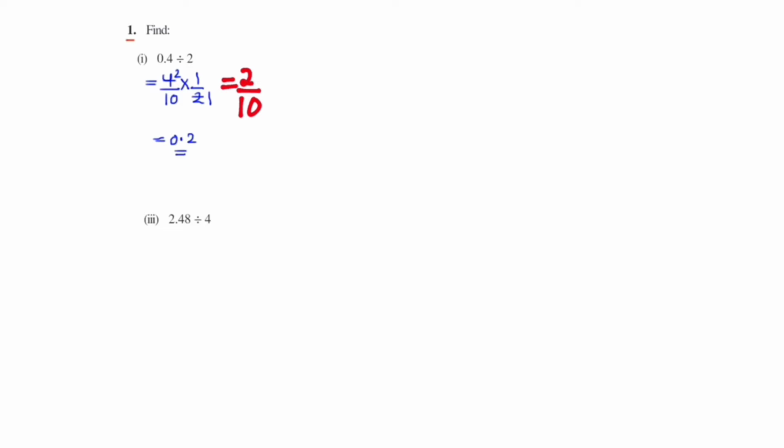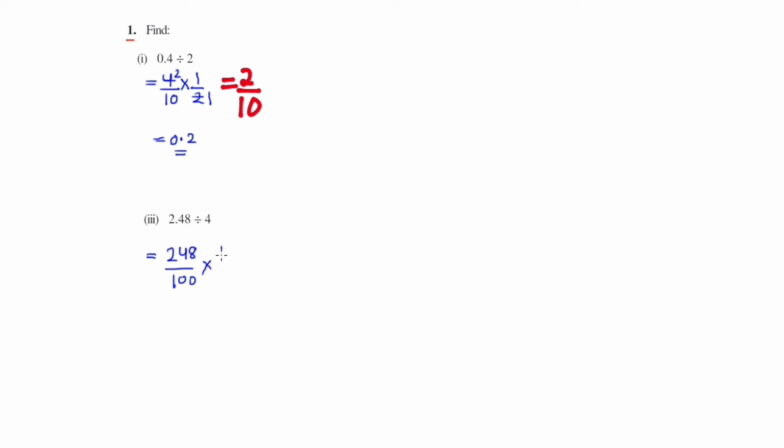Clear? Suppose we talk about the third part. In this part, after the decimal we have two digits, as you did in exercise 2.6. If we have to convert this into a fraction, we can write 248 over 100. We get two zeros. Now to find the division, we find the product with the reciprocal of the other number.